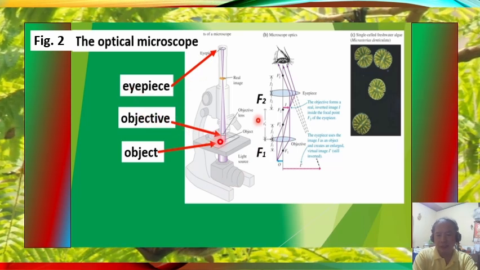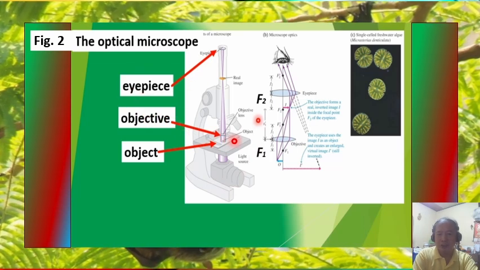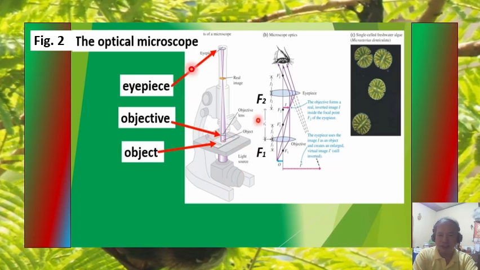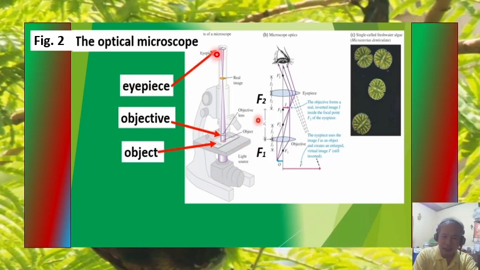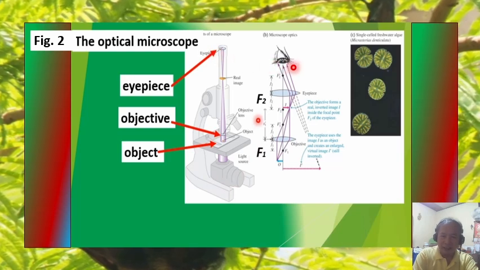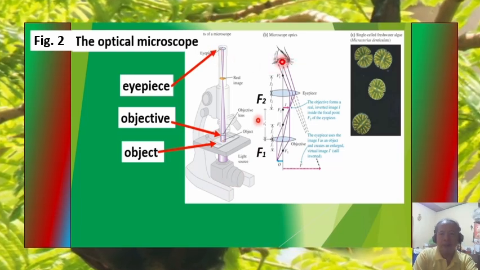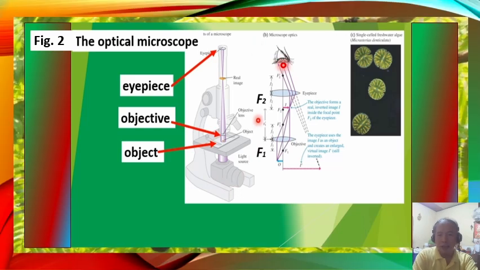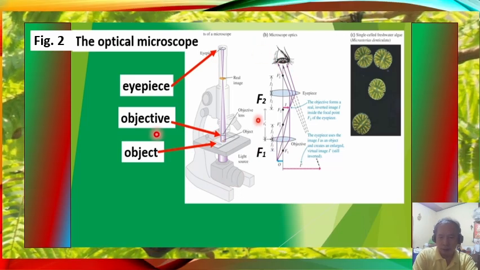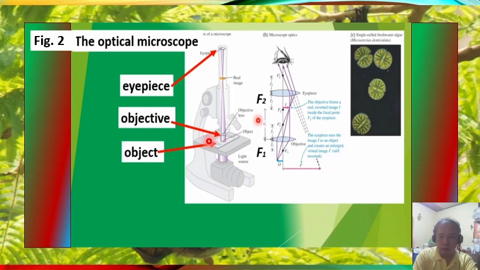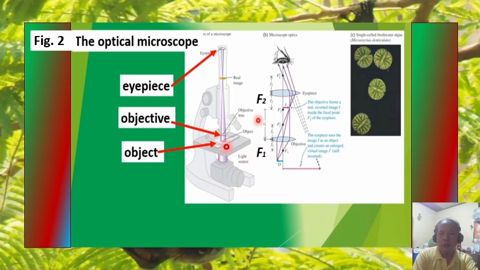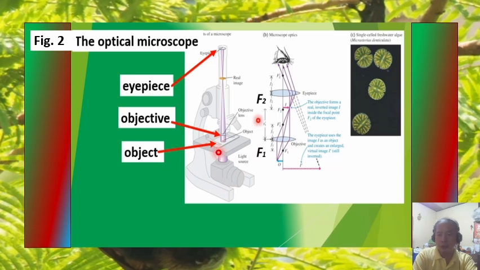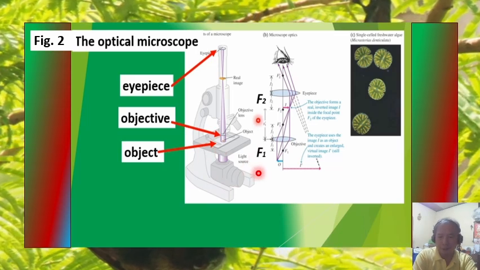The objective lens has shorter focal length compared to the eyepiece. As the word suggests, the eyepiece is the lens that is closer to the eyes of the viewer. And the objective is usually nearest the specimen or the object, right?